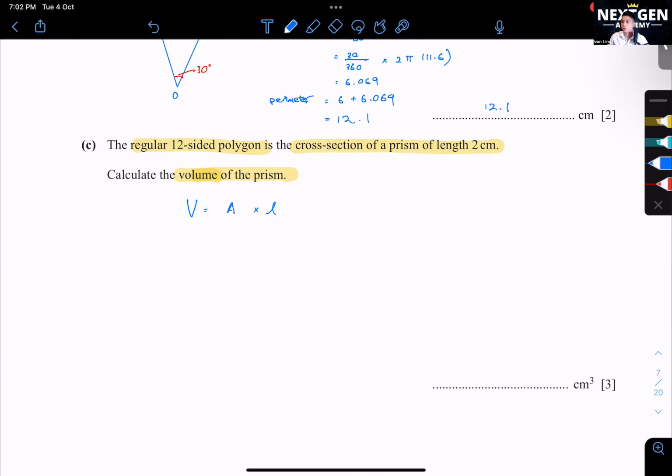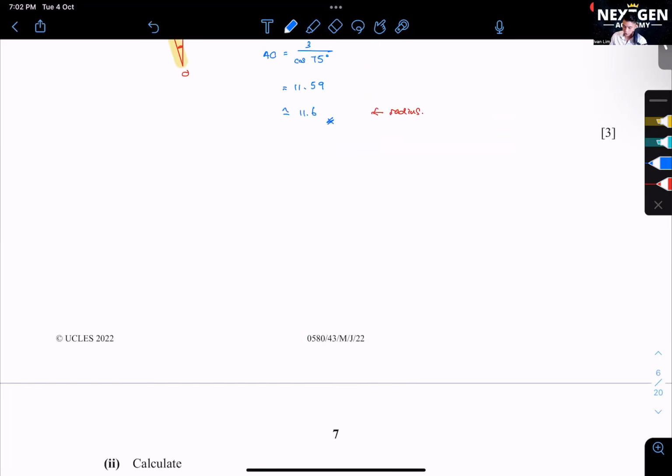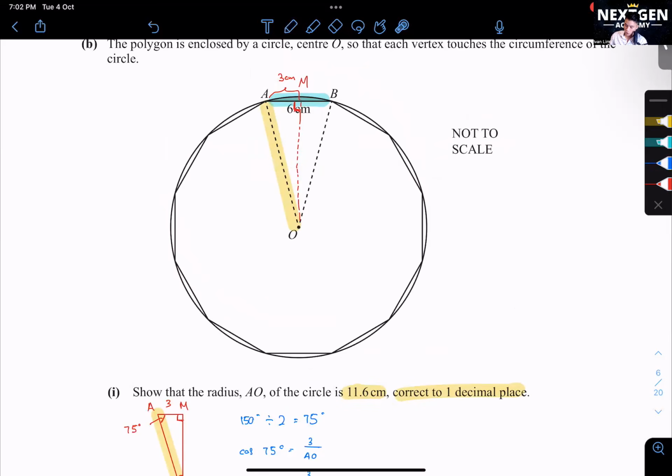Okay, so I need to find what is the cross-sectional area first. We're going to calculate the cross-sectional area, which is the whole polygon. How do I calculate it? I teach you how to see. There are basically 12 of this shape. Okay, 12 of this triangle here.